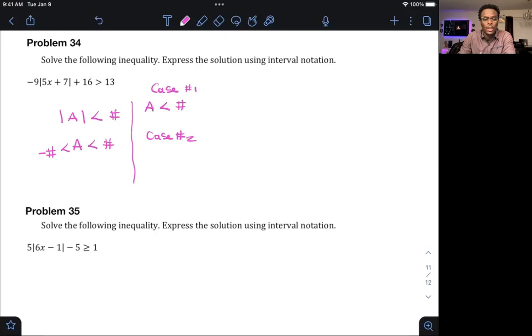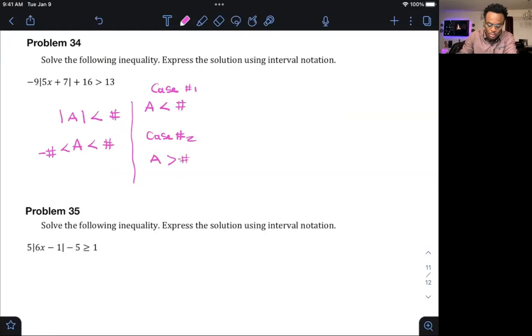So drop, flip, change. So I write A, the inequality was less than, I change it to greater than, and the number, you change the sign to negative.